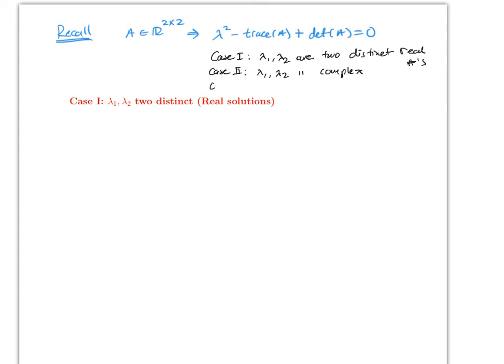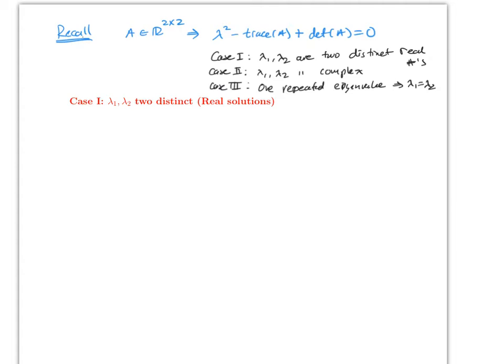And then case 3, which we didn't do before and we're still not going to do, is that you have one repeated eigenvalue, which means that lambda 1 is equal to lambda 2. So we're only going to focus on case 1 and case 2.